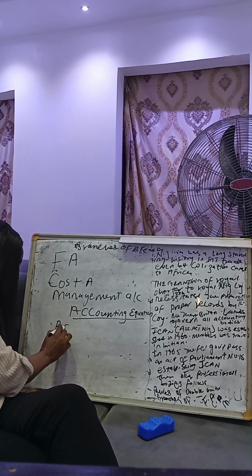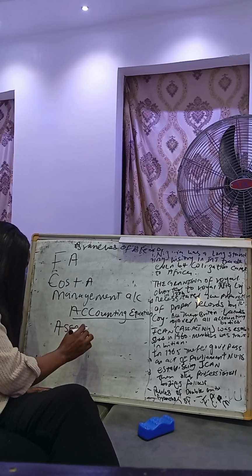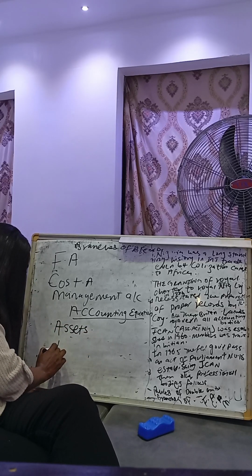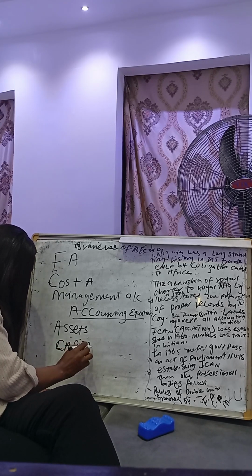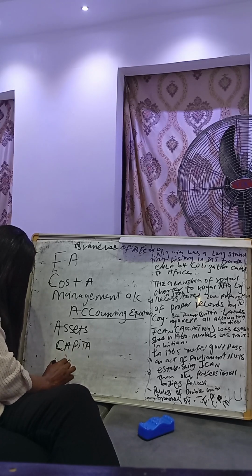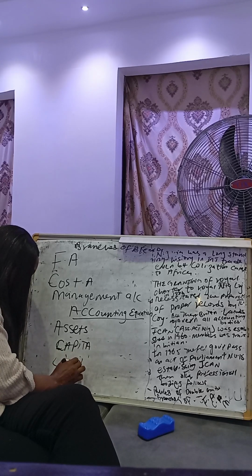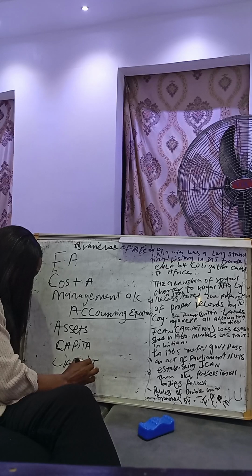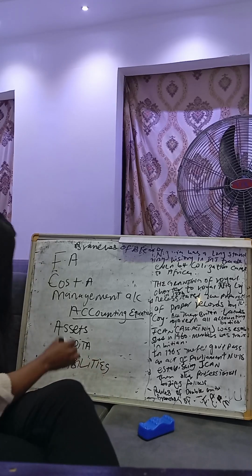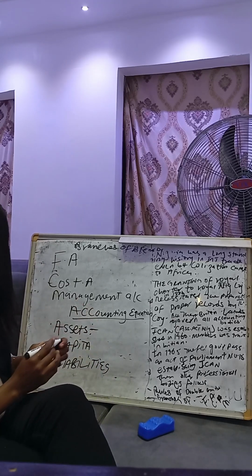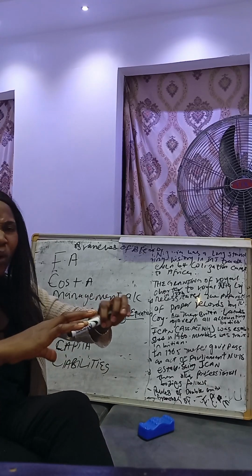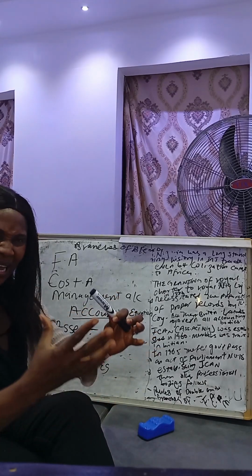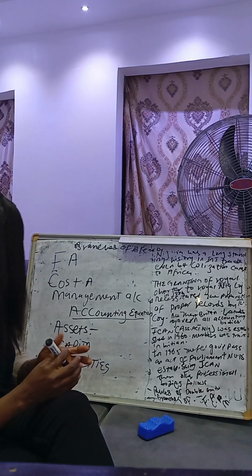We have our assets, our capital, and liabilities. So these are the basic elements of the accounting equation, that is what governs accounting itself.